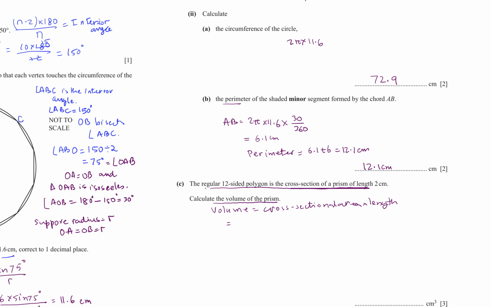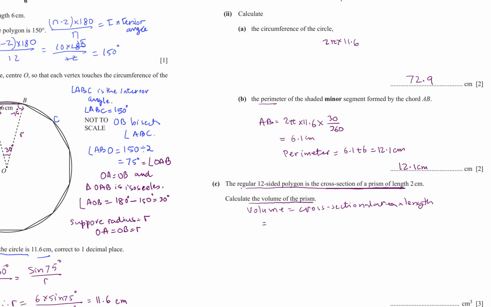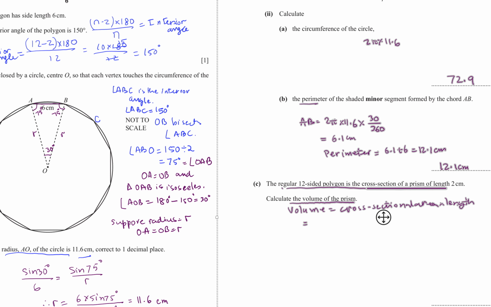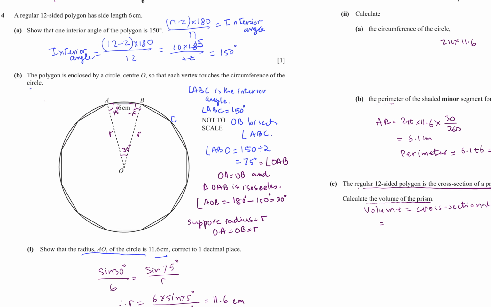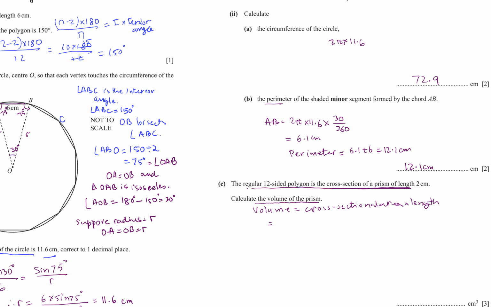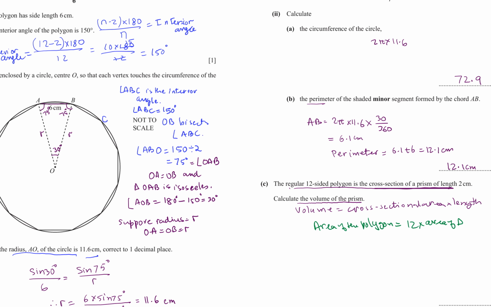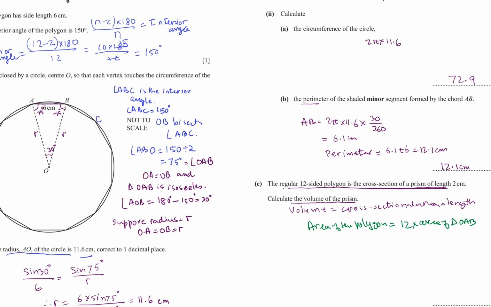So now if I were to say area of the polygon, that would be 12 multiplied by area of triangle OAB.